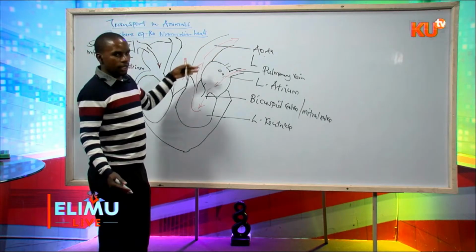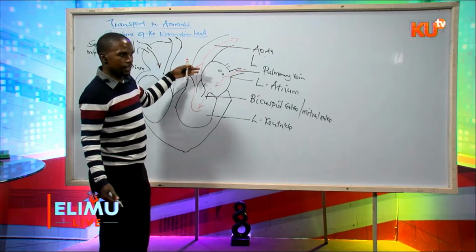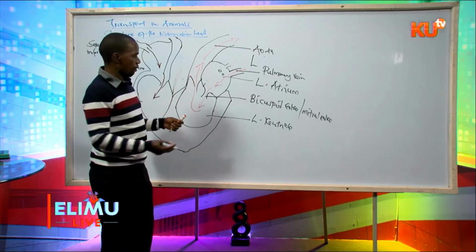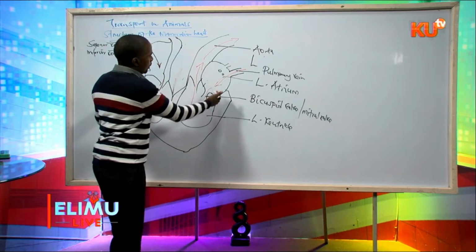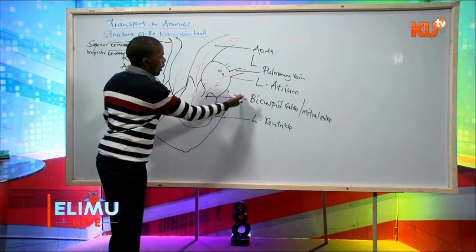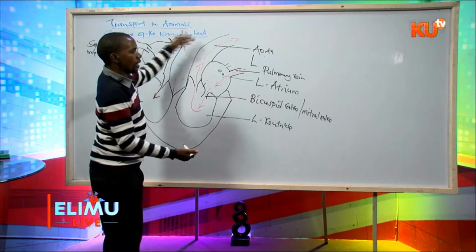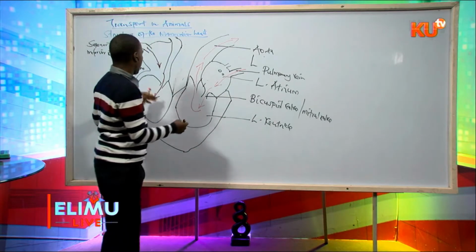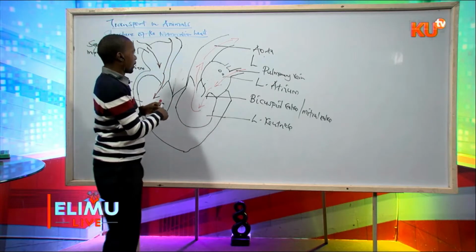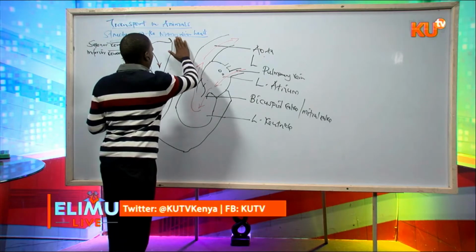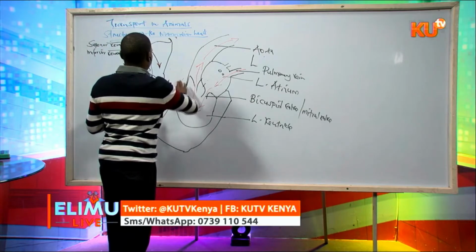And you know, the lungs and the heart are just existing at the same place. So when we are assuming this is the heart, we have the left lung here and the right lung here. So blood is just being pumped to the nearest region. So that's what you ought to know.